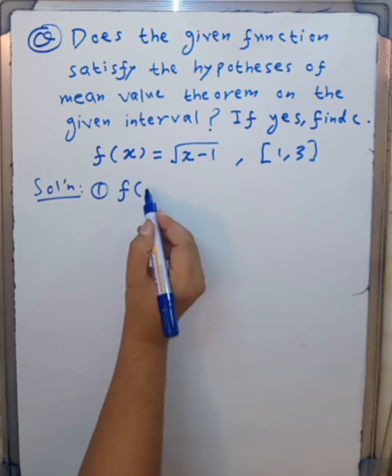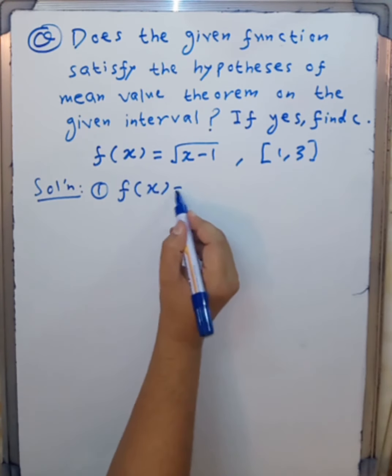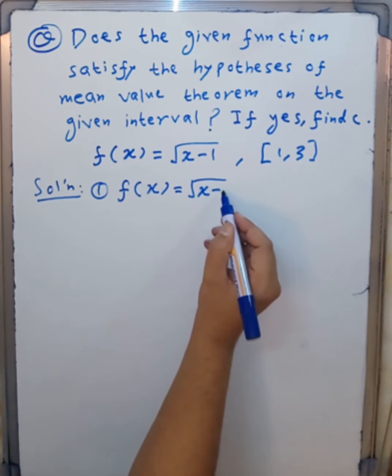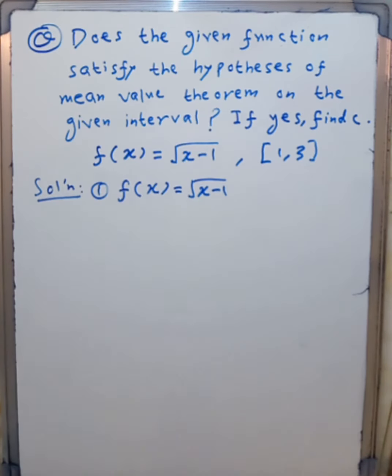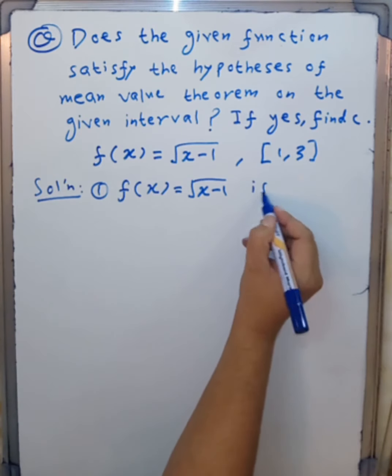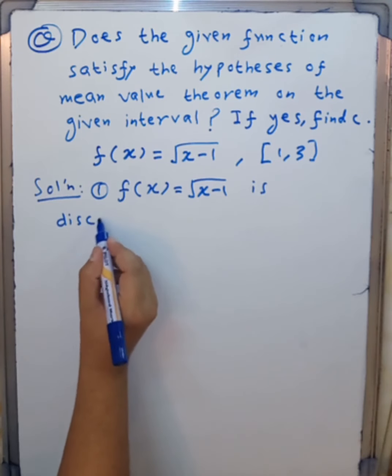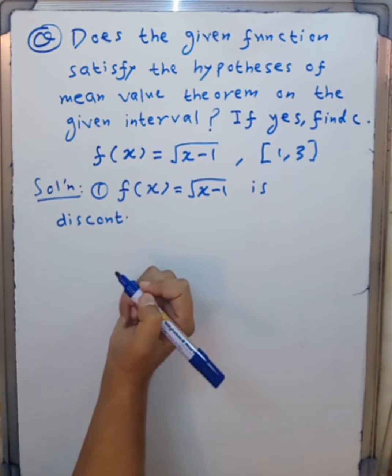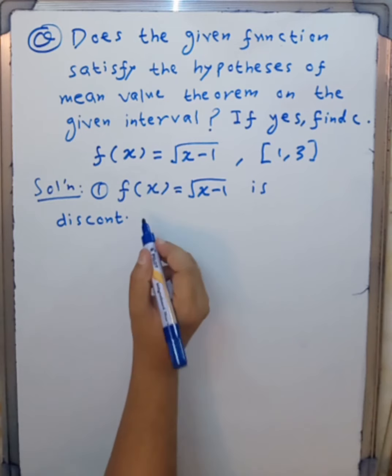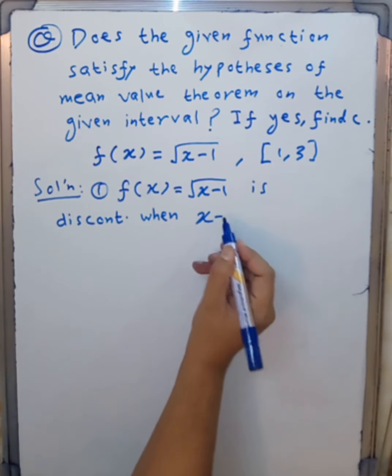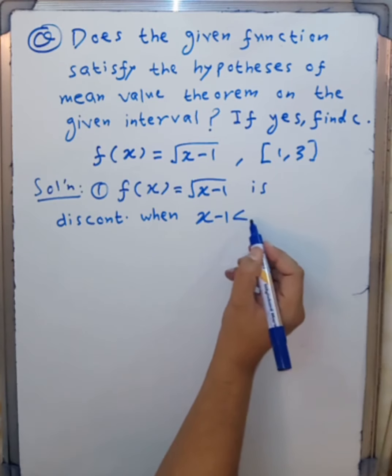We can say that the function f(x) equal to square root of x minus 1 is discontinuous when x minus 1 is less than 0.